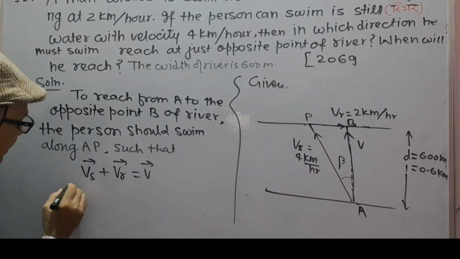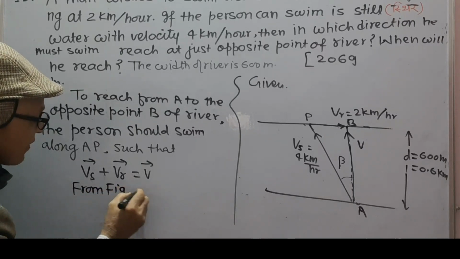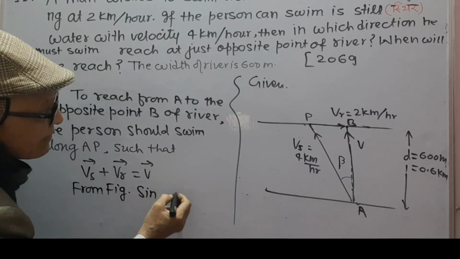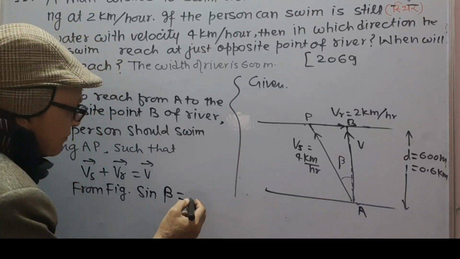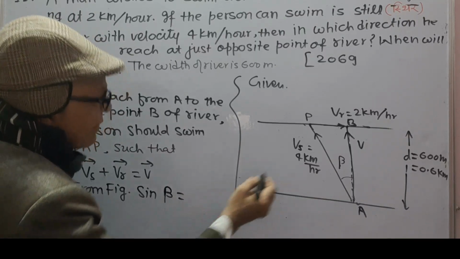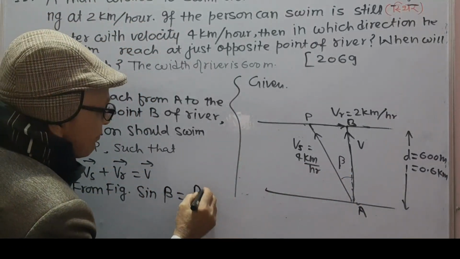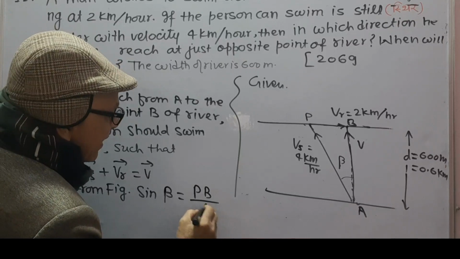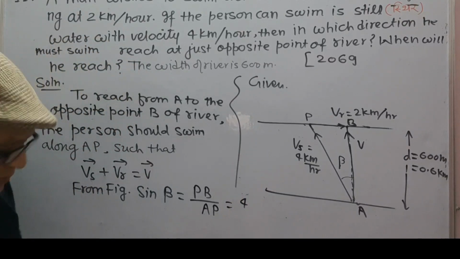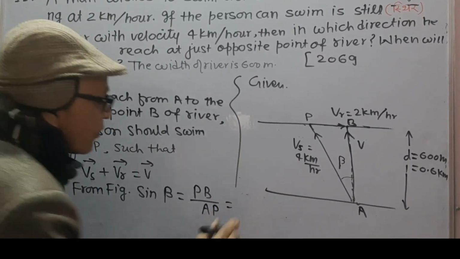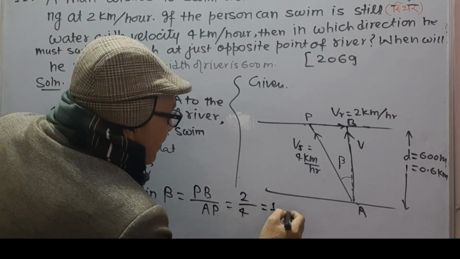From figure, sin beta is equal to perpendicular upon hypotenuse, means PB upon AP, which is 4, then PB is 2, which is 2 upon 4, 1 by 2.